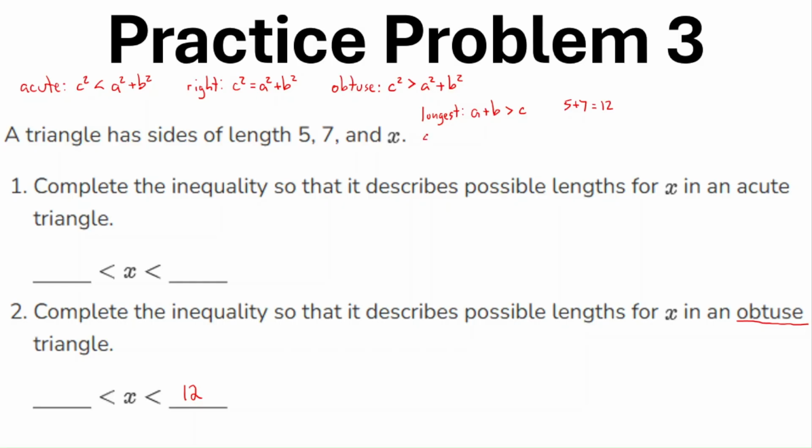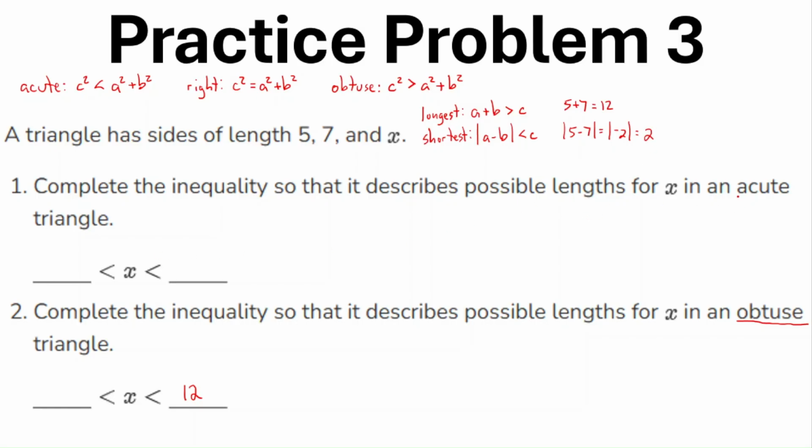The opposite end is finding what is the shortest it could be. And we said that happens when you take the absolute value of A minus B, and that is less than C. So let's take the absolute value of 5 minus 7, which is the absolute value of negative 2, and absolute values turn negatives positive, so that is 2.